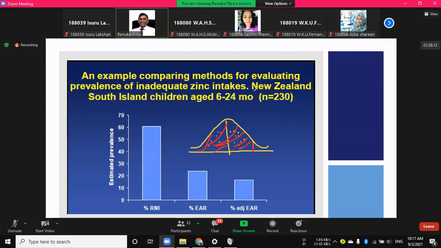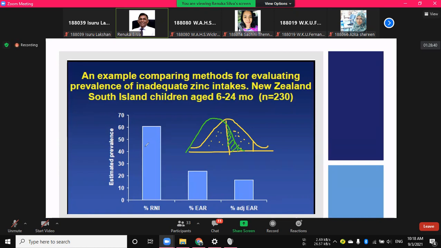What does it mean? It means something like this. Graph like this. 20% reach the EAR, not 50%.